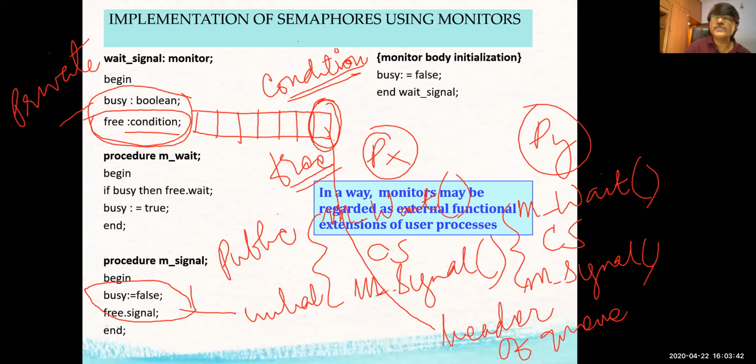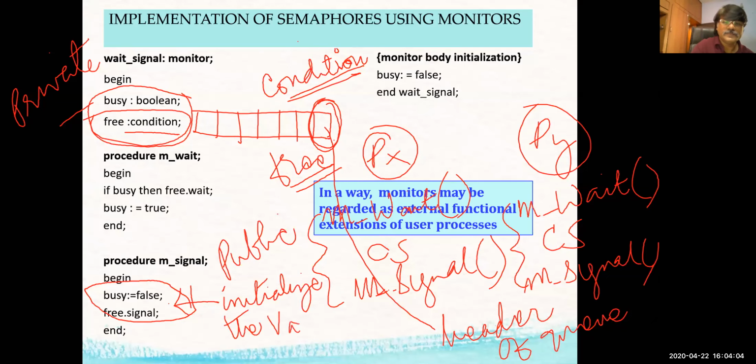Outside processes cannot set the value of busy to false or true. So initialization of the variables within the monitor is done by the monitor itself. The monitor will initialize the variable busy equals false. Only the monitor can initialize the values.